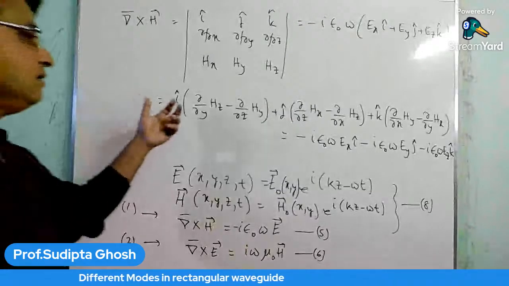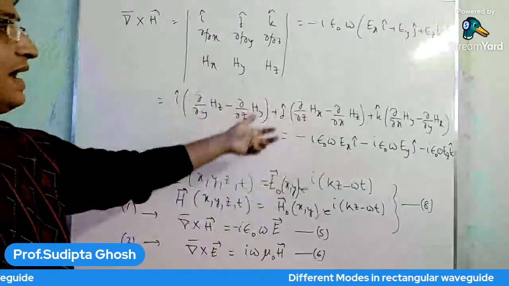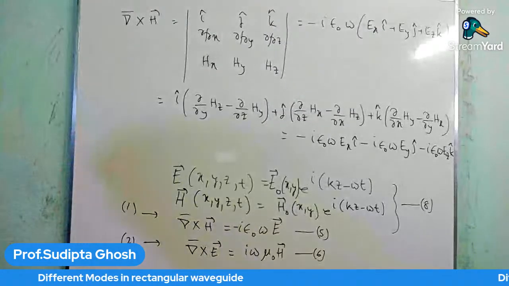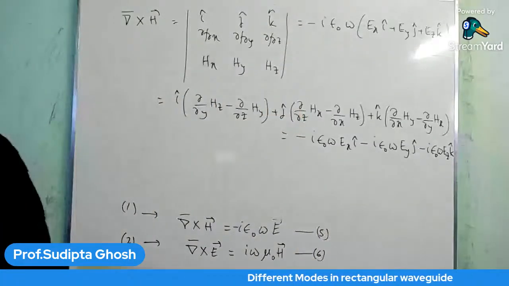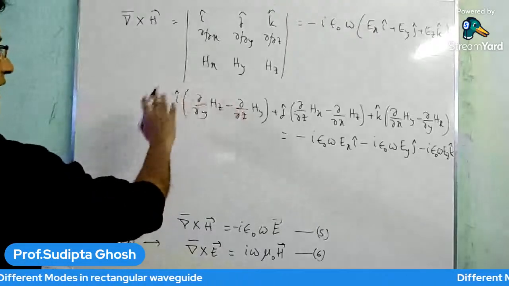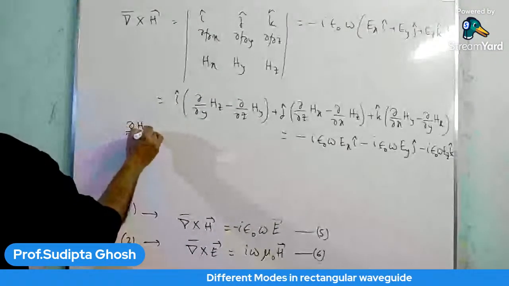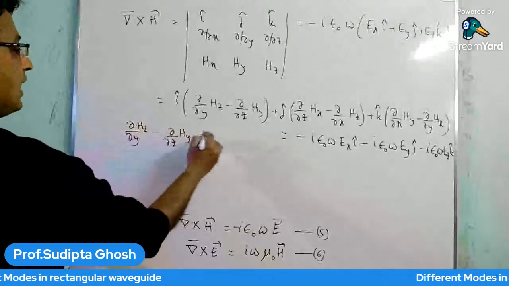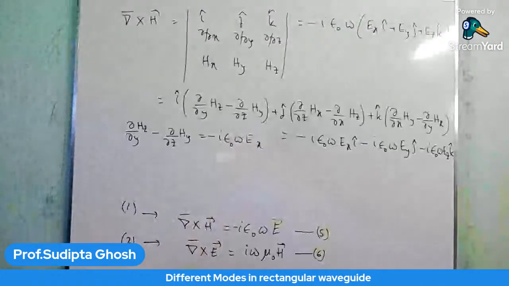Now comparing the components, i cap, j cap, and k cap, on the left hand side and the right hand side, we have three equations. So now I am going to remove equation number 8 and write the different components. First, the i cap components: del del y of Hz minus del del z of Hy equals minus i epsilon 0 omega Ex.